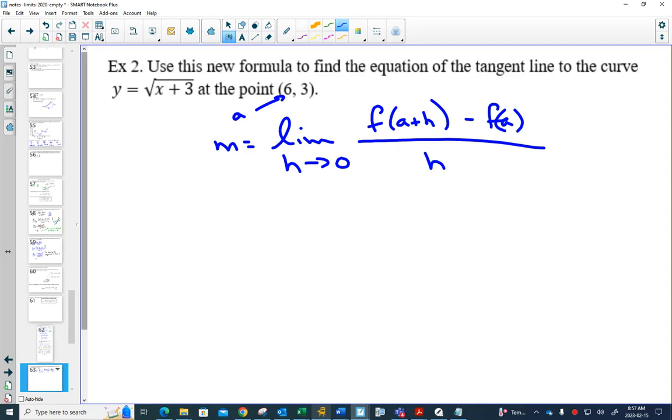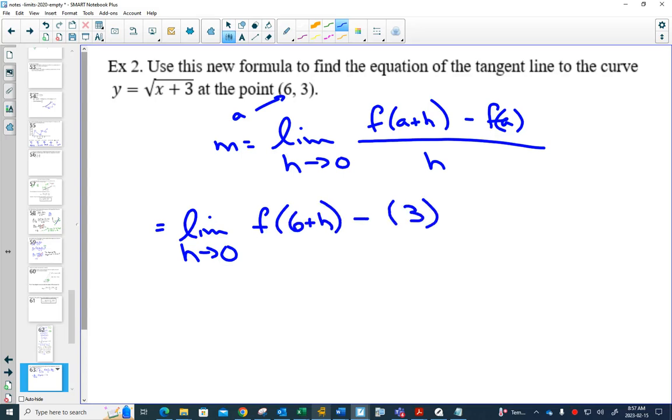So our a value would be 6. We're finding the limit as h goes to 0 of f of 6 plus h minus f of 6, which is given to us already to be 3, over h.